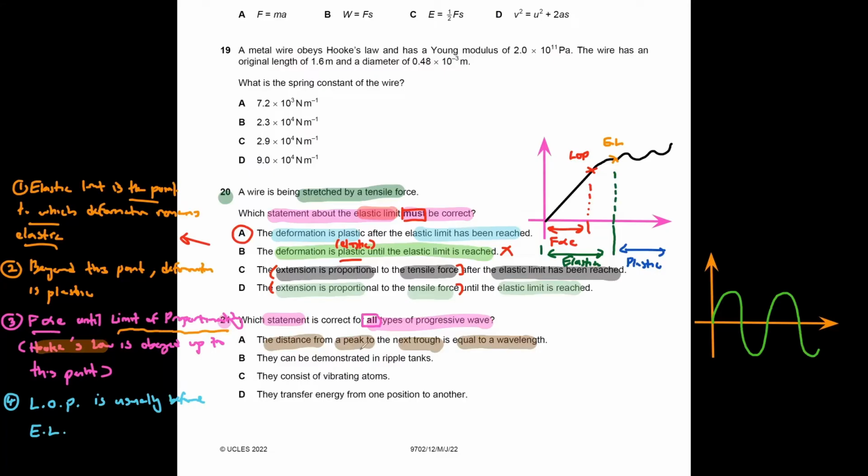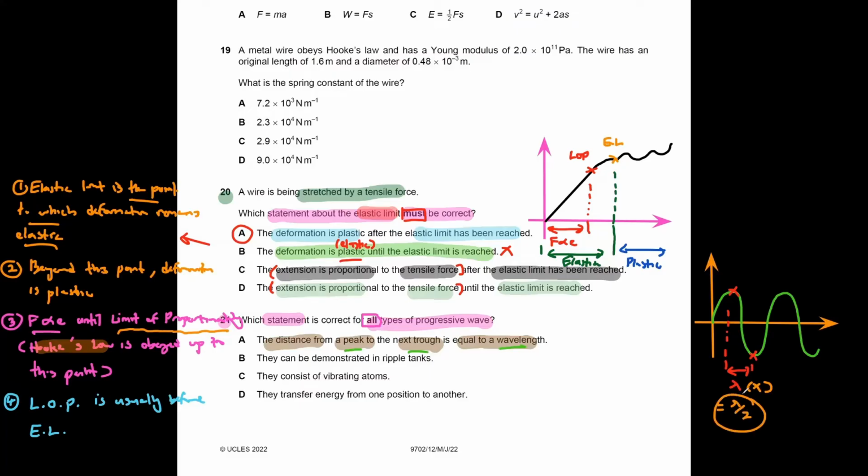If they tell you distance from peak to trough is equal to a wavelength, they're saying from here to here is a wavelength. This is obviously wrong. It's actually supposed to be half a wavelength.